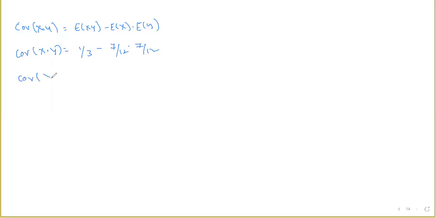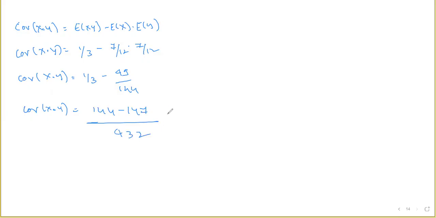So covariance of x comma y is equal to 1 by 3 minus 7 into 7, 49, over 12 into 12, 144, right? So when you take 144 minus 147 divided by the LCM 432, this is nothing but minus 3 over 432. This is nothing but minus 1 by 144.